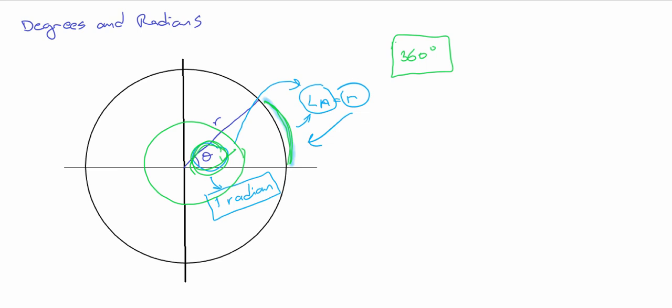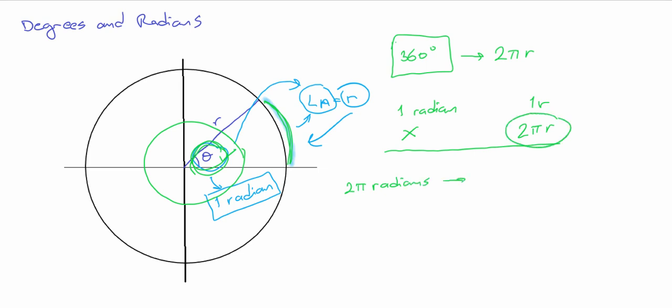We also know that the circumference of a circle is equal to 2 pi r. Now basically, if 1 radian defines 1 r, how many radians define 2 pi r? I think it's quite simple, isn't it? We can see that 2 pi radians define 2 pi r, which is 360 degrees.